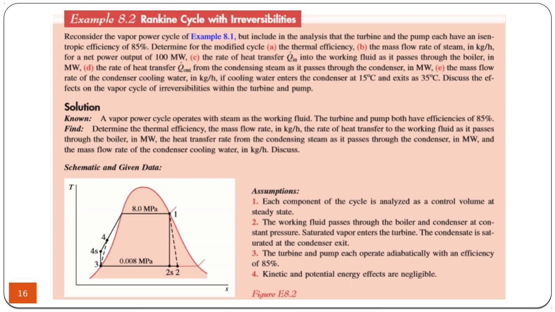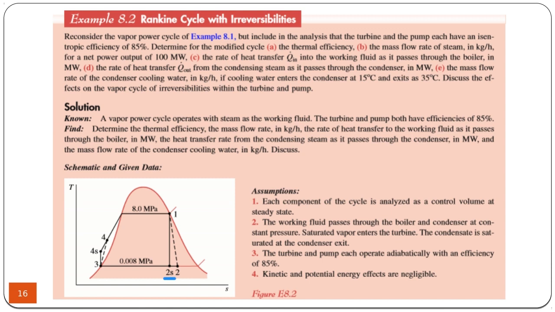Here we have an example that has a turbine and pump which are not isentropic. It means that they have irreversibilities inside, so that the turbine exit has an increasing entropy. So this is the isentropic case where the entropy remains the same.